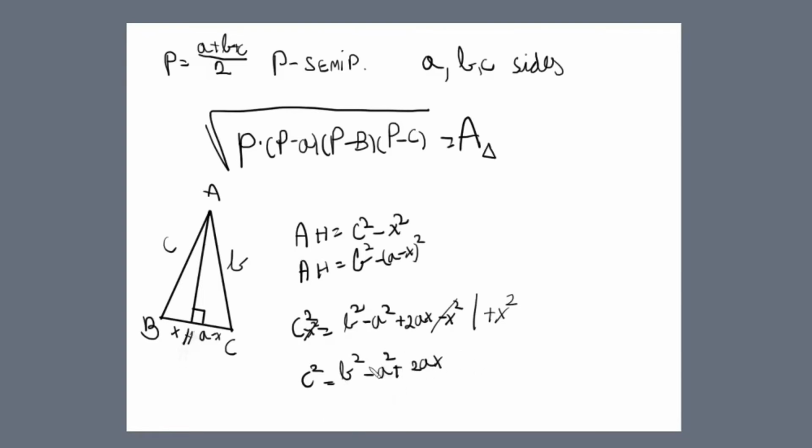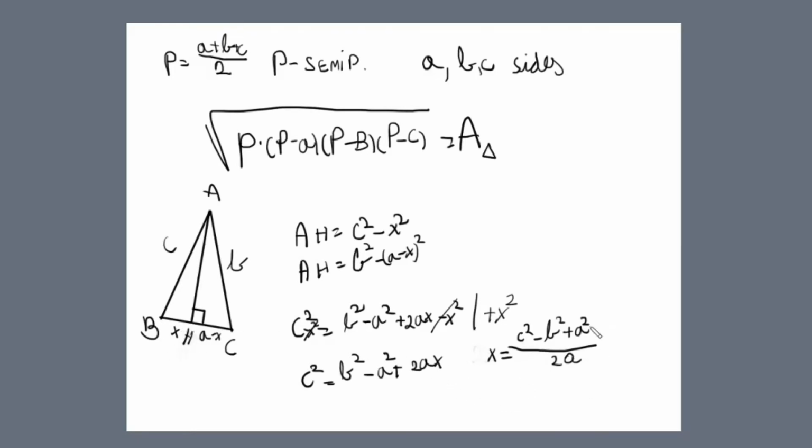So now we're going to put these in the opposite direction, and we get 2X is equal to C squared minus B squared plus A squared all over 2A. And I'm going to remove the 2 over here, because it's easier that way. Good. So we've got this so far. We know how much is X.